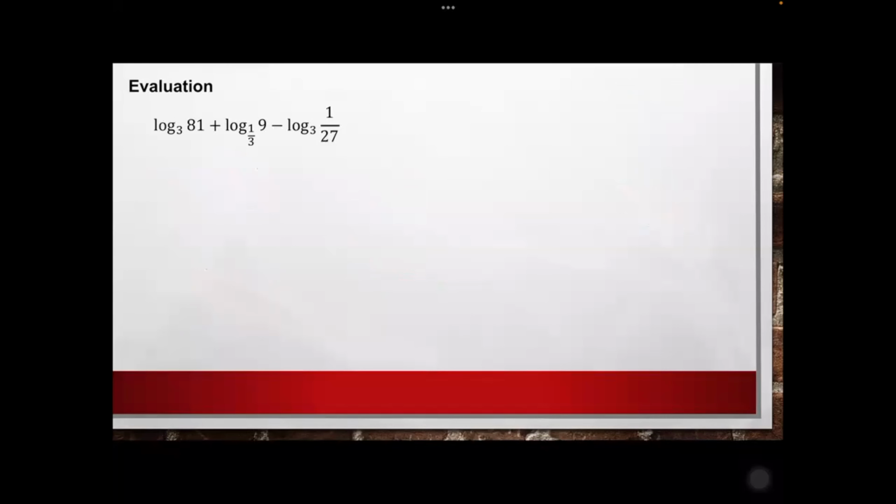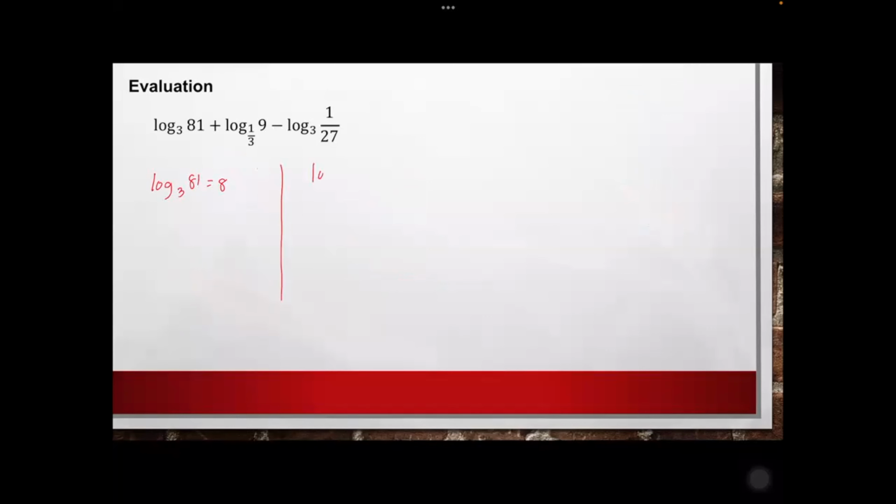We have logarithm of 81 with base 3 plus logarithm of 9 with the base 1/3 minus logarithm of 1 over 27 with the base 3. Sila ay hindi pare-parehas ng base kaya hindi sila pwedeng isolve as one. So ang gagawin natin dito is hatiin natin. Logarithm of 81 with base 3 is equal to x.